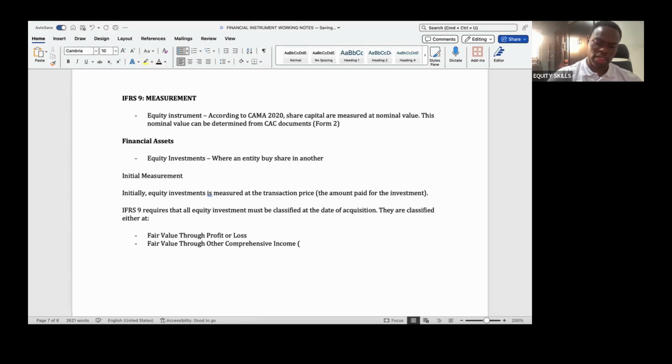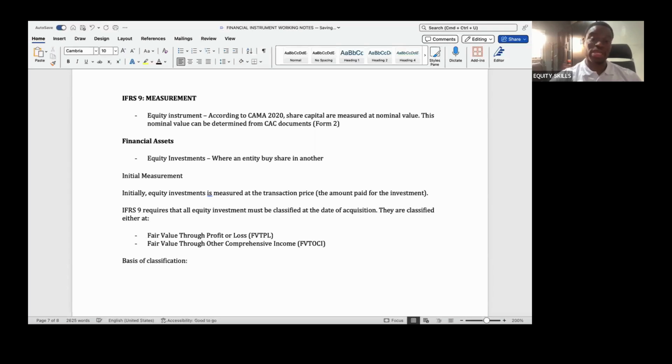I can shorten it as fair value to OCI, or fair value to P&L. So this is how we classify this equity investment at the date of acquisition. You need to classify it. And how do you know whether you are classifying at fair value to P&L or fair value to OCI?